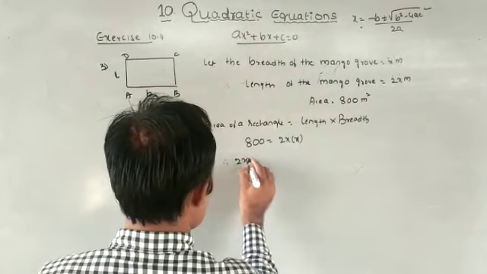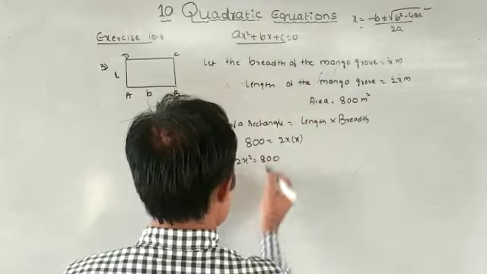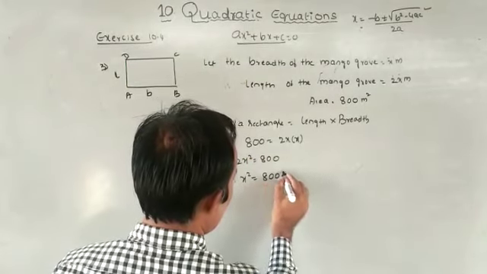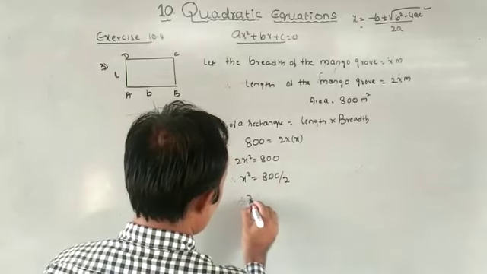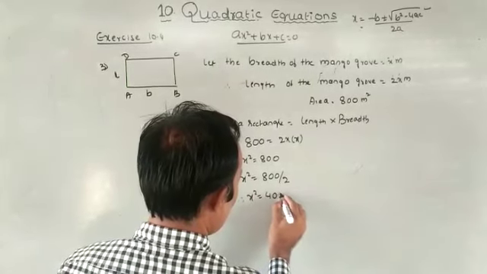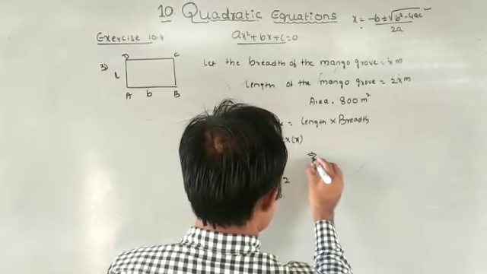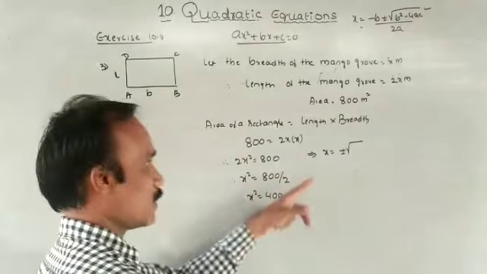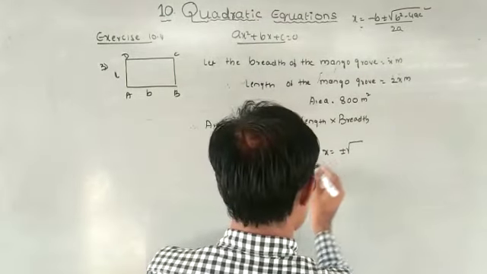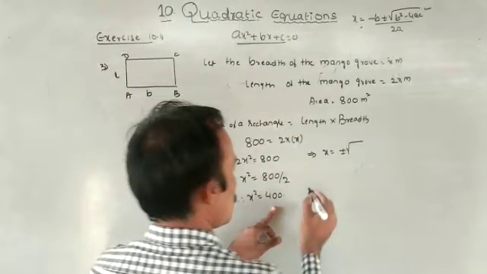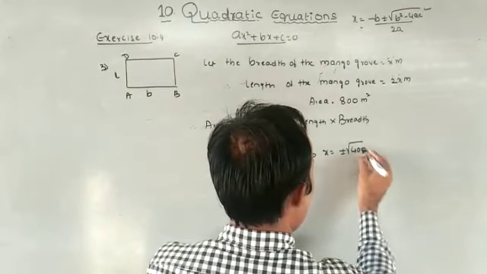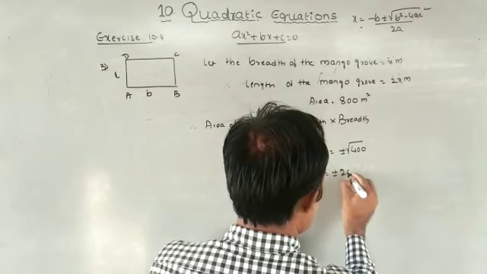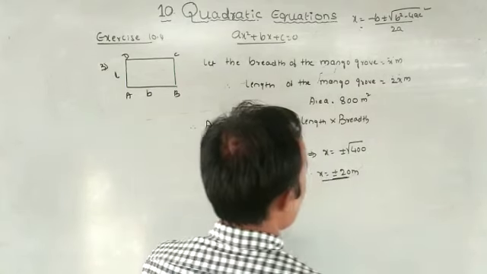Therefore, 2x square is equal to 800. Therefore, x square is equal to 800 divided by 2. Therefore, x square is equal to 400, which implies, what is the value of x? Plus or minus? Remove the square and take the square root to the RHS, that is 400. Therefore, the value of x is equal to plus or minus root of 400, that is 20 meters.